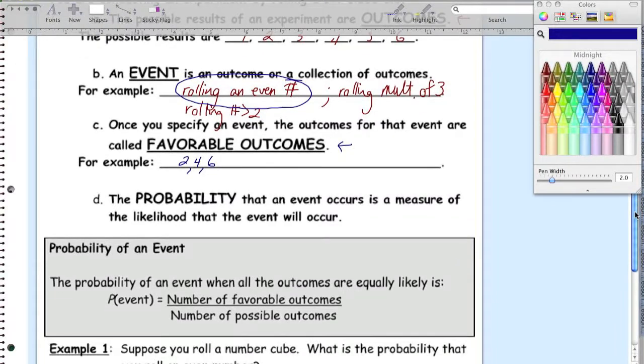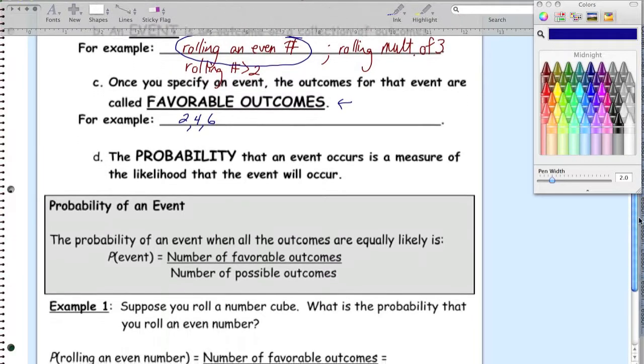Now D is when we put it all together and we find the probability. The probability that an event occurs is the measure of the likelihood that it will occur. So what that really means is, the probability of an event when all the outcomes are equally likely, we're going to take the number of favorable outcomes out of the number of possible outcomes. So let's go to our event we've been using, the probability of rolling an even number.